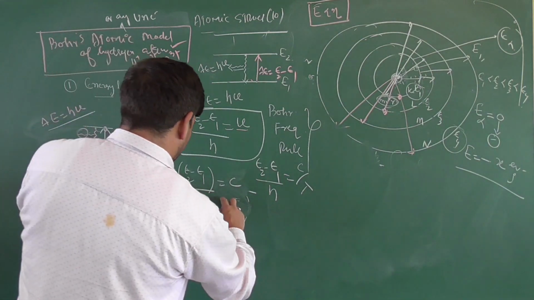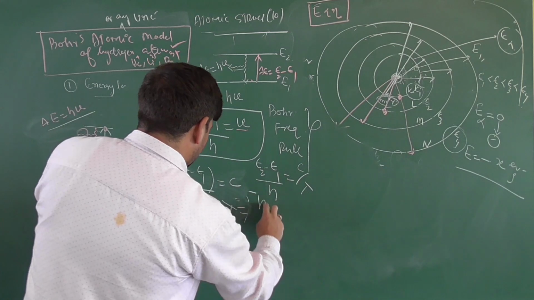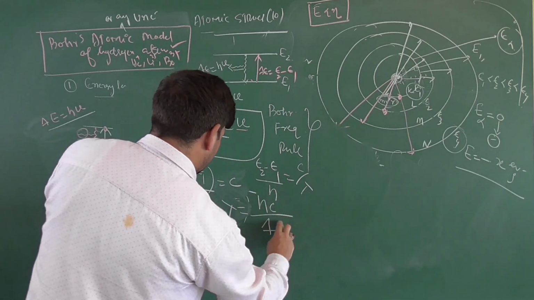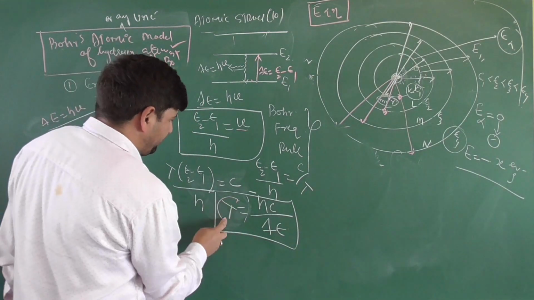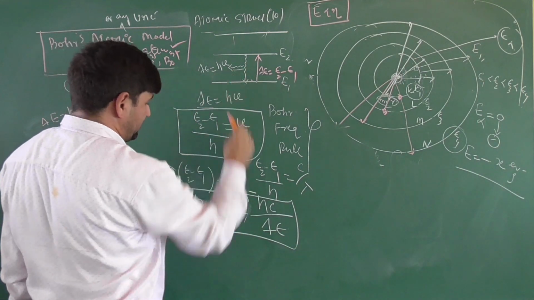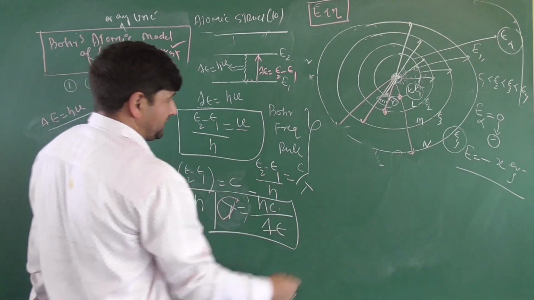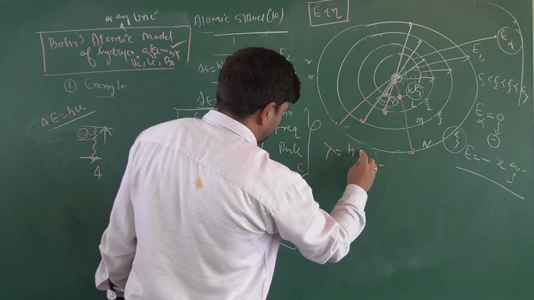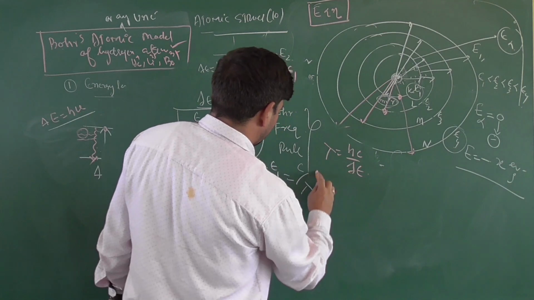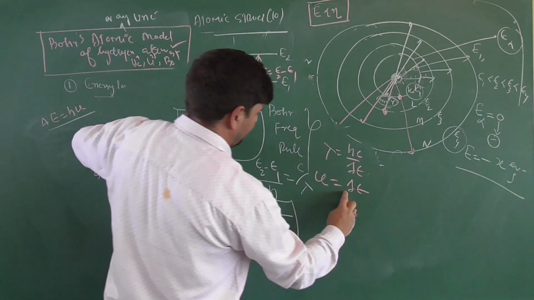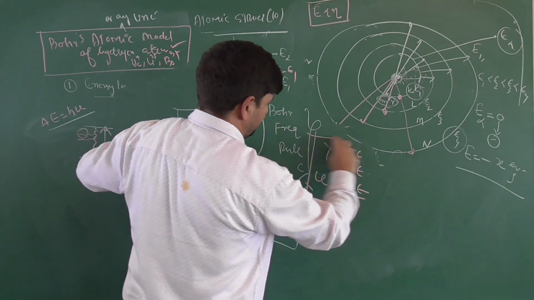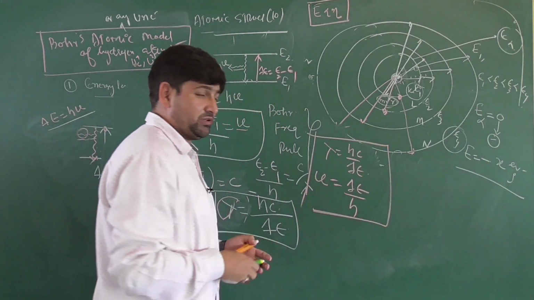Lambda. So lambda will be equal to hc divided by delta E. Keep it in mind. In order to find the wavelength associated with the radiation emitted, wavelength equals hc by delta E, and frequency equals delta E by h. Please keep these in mind because this will be important during calculations.